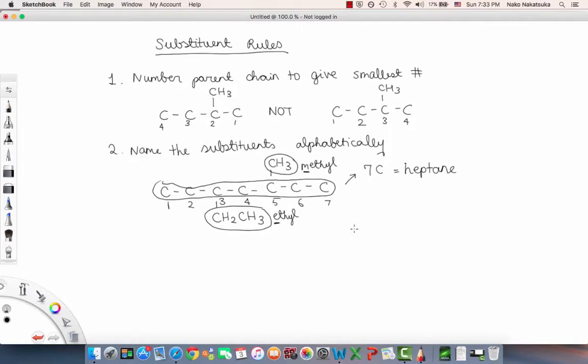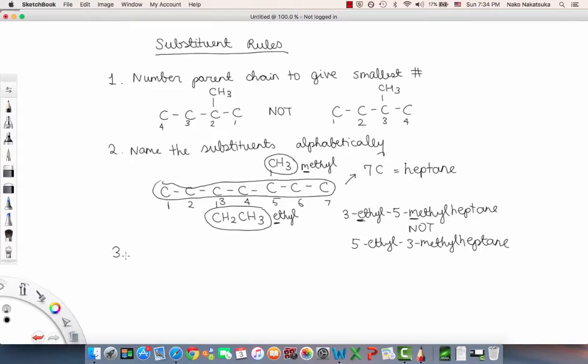So in this case, this compound would be called 3-ethyl-5-methylheptane, and not 5-ethyl-3-methylheptane, which is the alternative if I started numbering it from the other side. So we always want the lower number on the guy that's going to come first based on the alphabet.